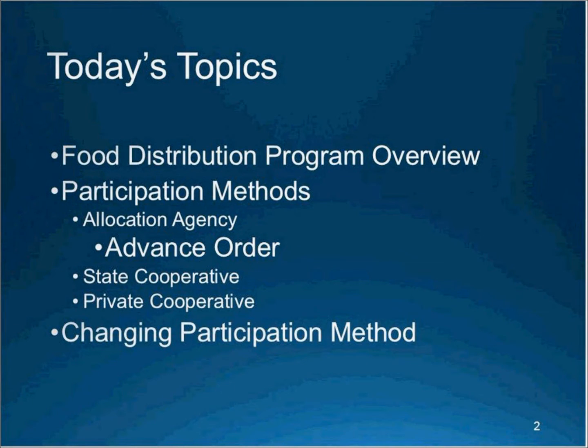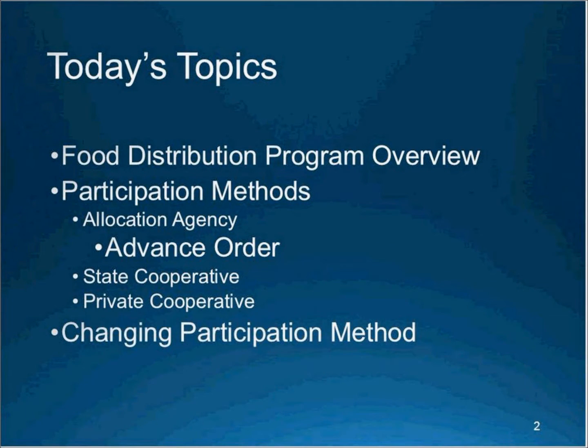We will then describe the 3 different participation methods a recipient agency can choose from and how they differ from one another. An agency's selected participation avenue will determine how their USDA foods are ordered and received.